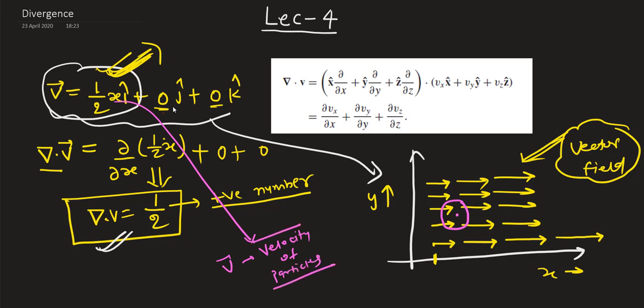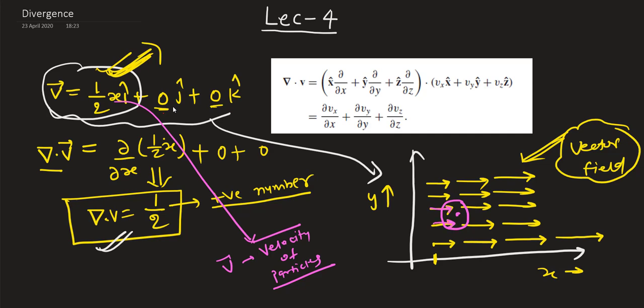Okay, so now if each vector is showing the velocity, then if you look at this point, or the circle, the particles are coming through the left boundary with less velocity.